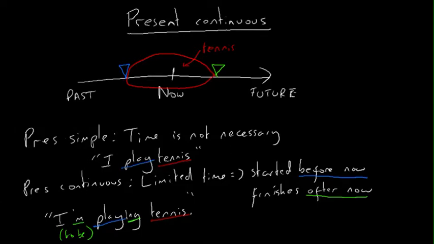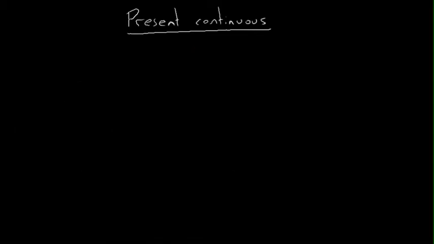So let's look at two examples to give you a better idea of what we're talking about. The first example, the simplest to talk about, what you do in your life every day, you work. So, for example, I work in marketing. So like we said last time, this is the present simple. We have the verb work in the basic form, and it means it's something I do every day.